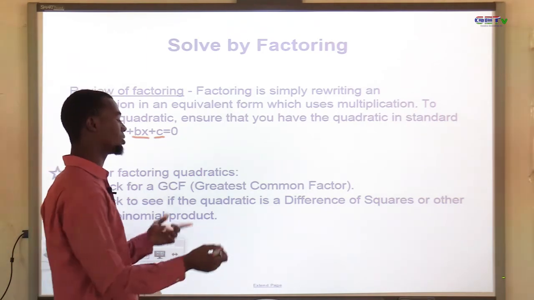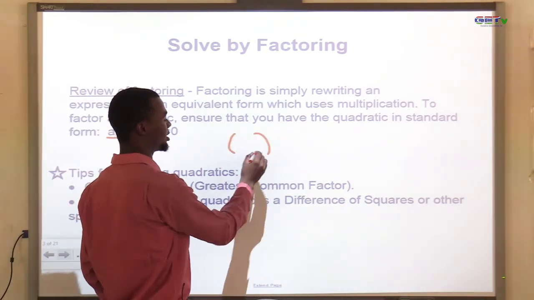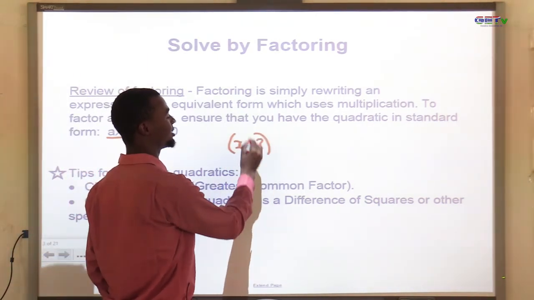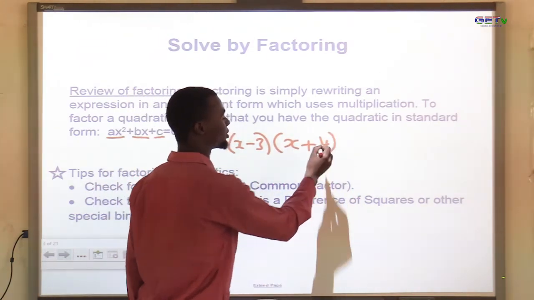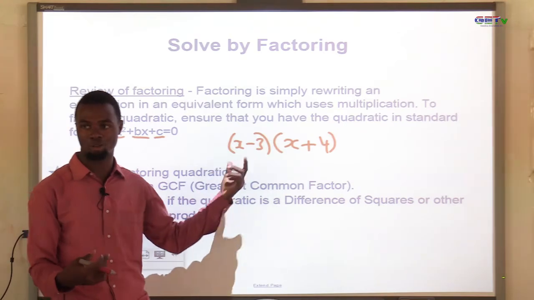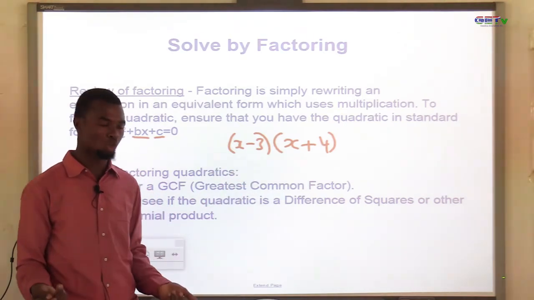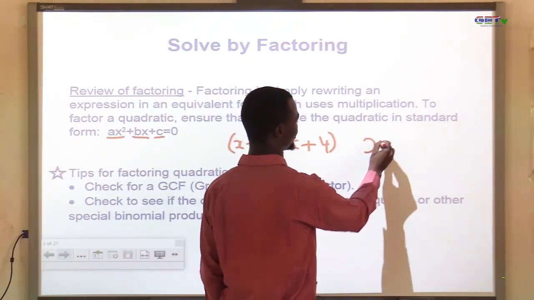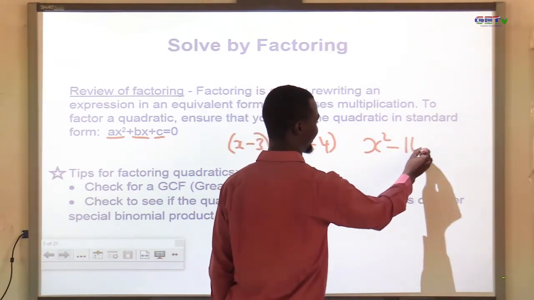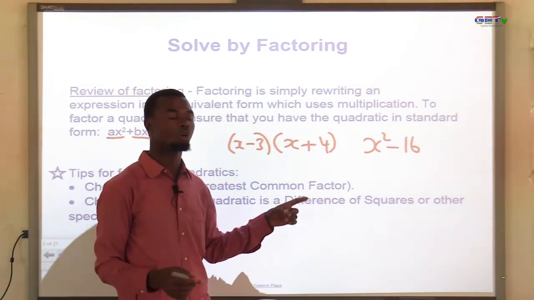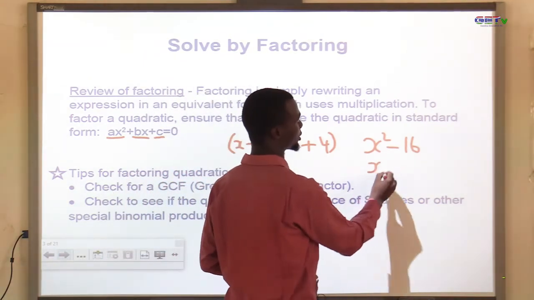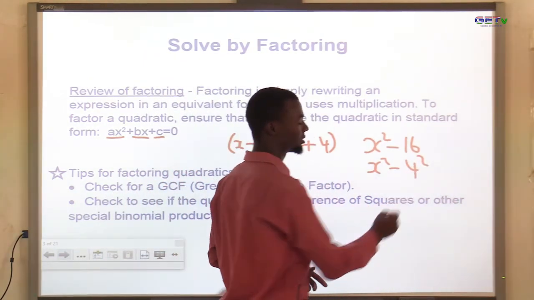You have what we call binomial products, like x minus 3 times x plus, let's say, 4. This is what we call binomial products. Difference of two squares: if you have a quadratic expression of the form x squared minus 16, you know these are square numbers. So the square here is going to be x squared minus 4 squared.